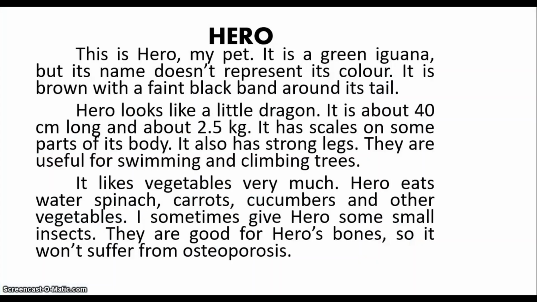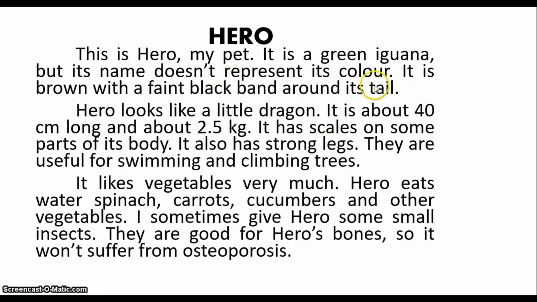Let's have a look. Here is the text of Hero, and we have learned that there are two parts in the structure of a descriptive text: the first is the identification and the second is the description. So can you guess?